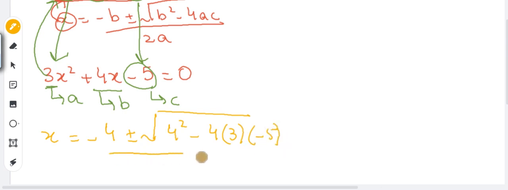So this whole term is divided by 2 times a, which is 3.